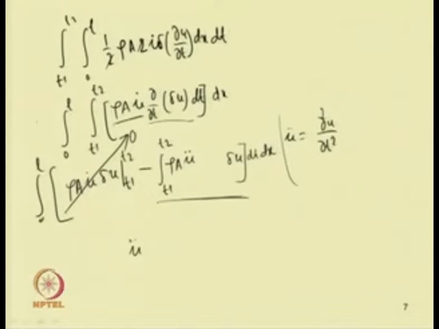So, u double dot plus E A by rho A del u by del x whole square equal to 0.